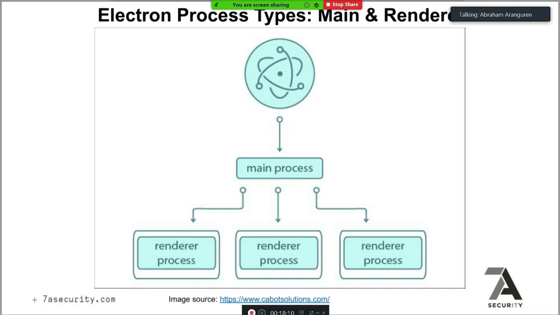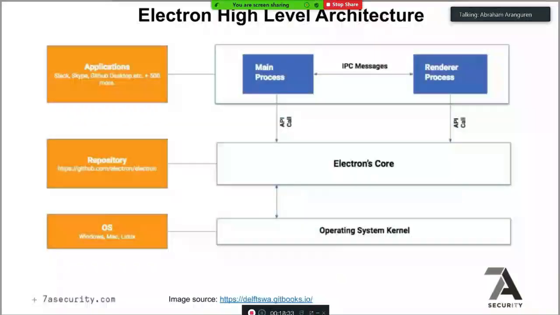The renderer process you can shield more, you can restrict the permissions, and it's more difficult to attack. But because the renderer process talks to the main process, using an XSS in the renderer process you can communicate with the main process and attack other things and gain more access. We will look at some examples of that today.